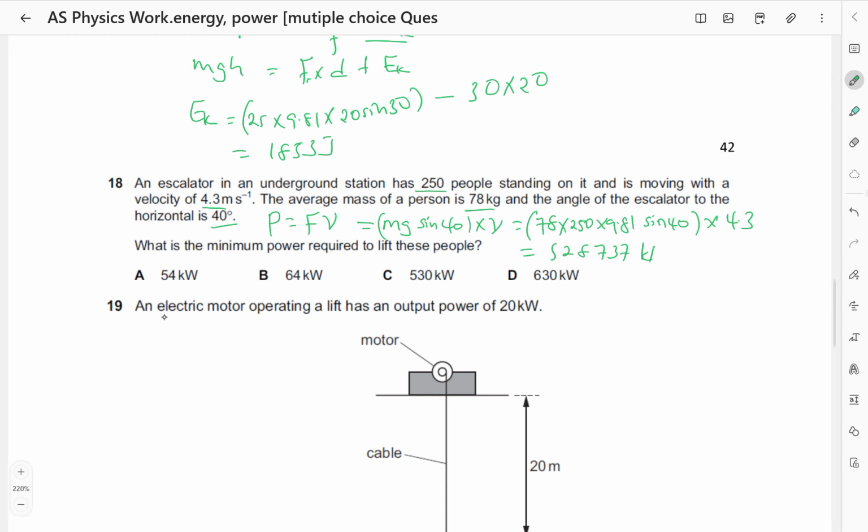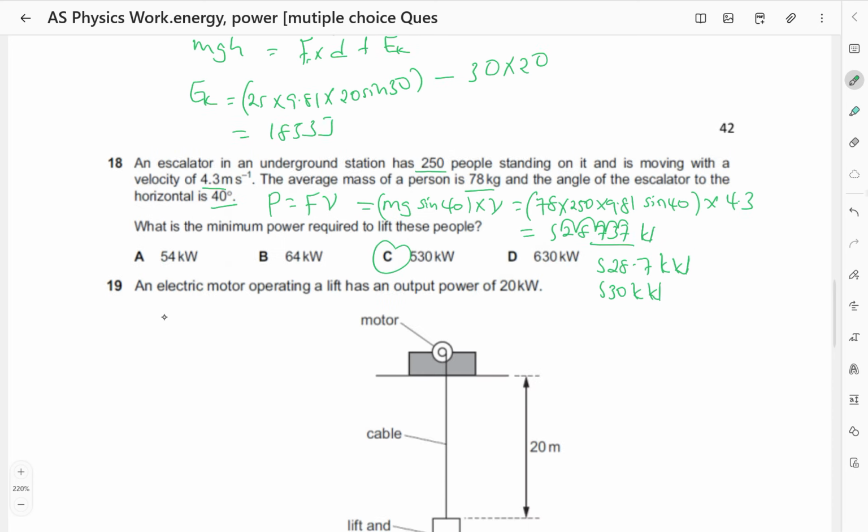In kilowatts, when I divide by 1000, it is 528.7 kilowatts or 530 kilowatts. So the answer is going to be C.